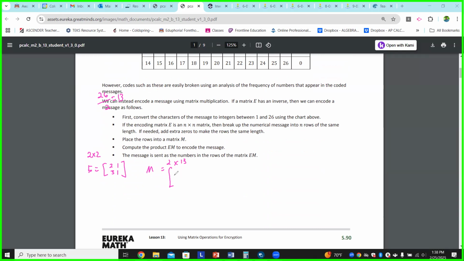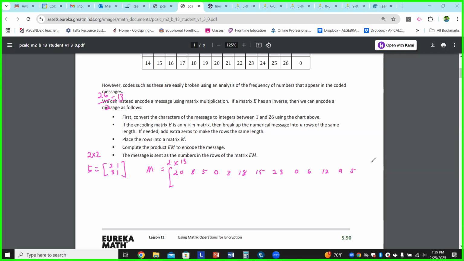All right, so again, I'm going to write the first 13 numbers, and they are 20, 8, 5, 0, 3, 18, 15, 23, 0, 6, 12, 9, 5.